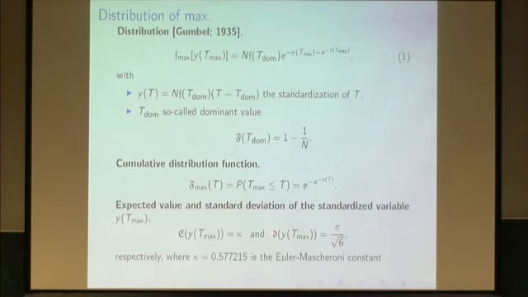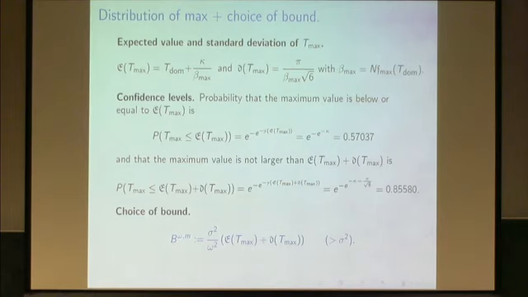Okay. And now you may say, if I have such a random variable and I would like it to be less than or equal to the expectation of this max, and look at the probability, you get a certain probability back by plugging into your cumulative distribution function.